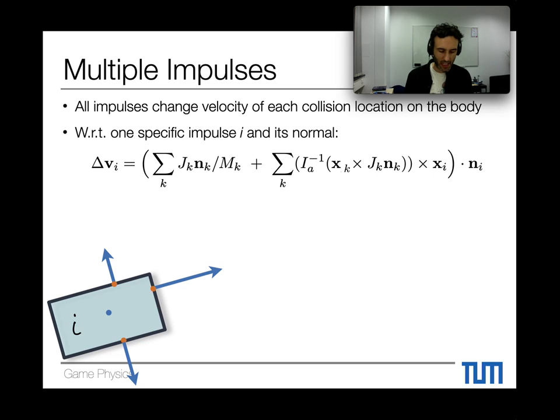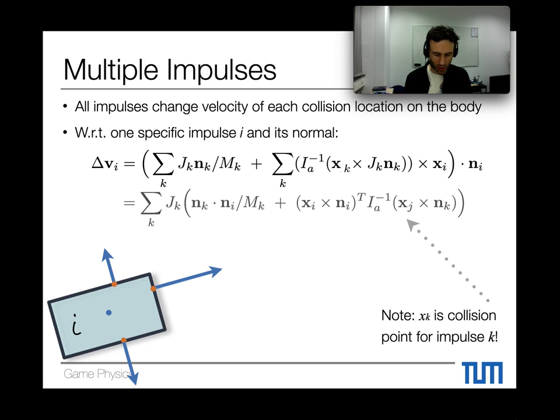So right here we could have k equal to 3, and they're all different impulses, so they could have a different magnitude acting on linear and angular part as before, but they're actually all acting along the normal direction of the body I now. So mind you, this is the normal of the body I. It can of course have different values on different sides of the body, but all with respect to one of the objects. Right.